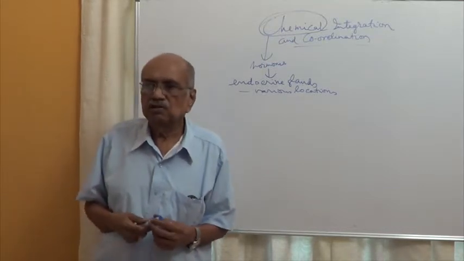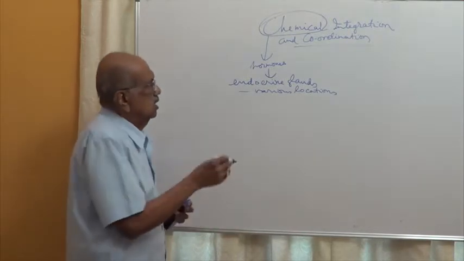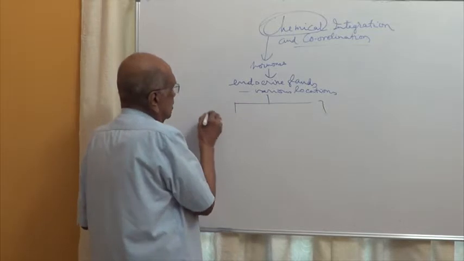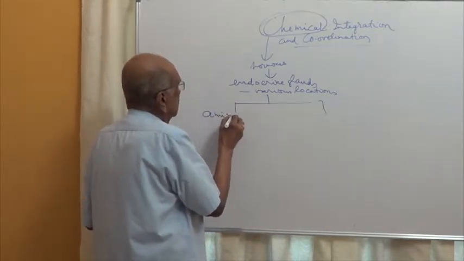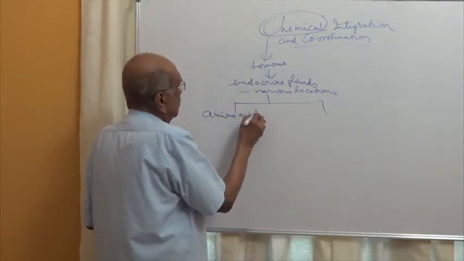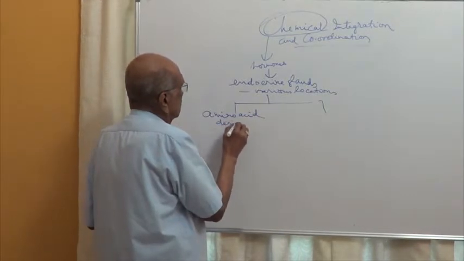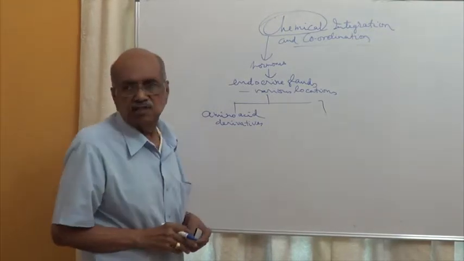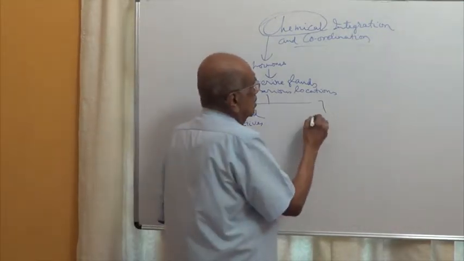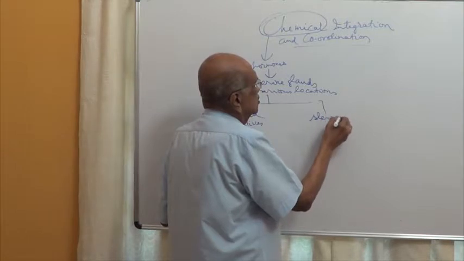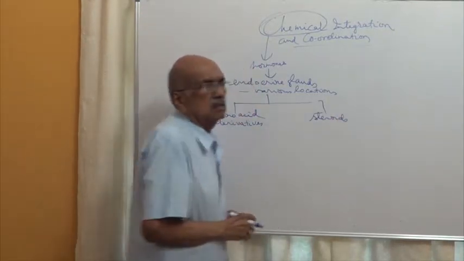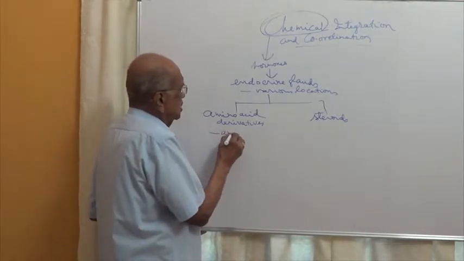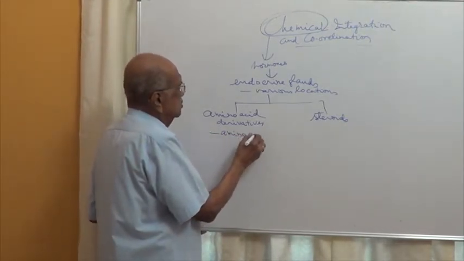Based on their chemical nature, two types of hormones can be distinguished. One is amino acid derivatives, the other is steroids. Amino acid derivatives can be just amino acids themselves.